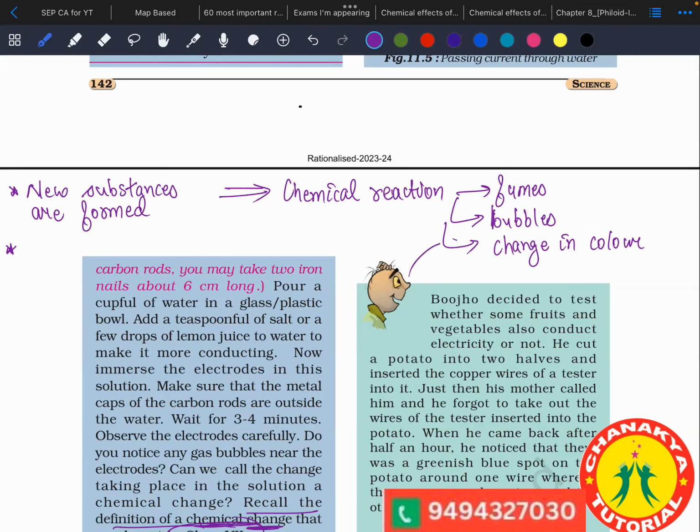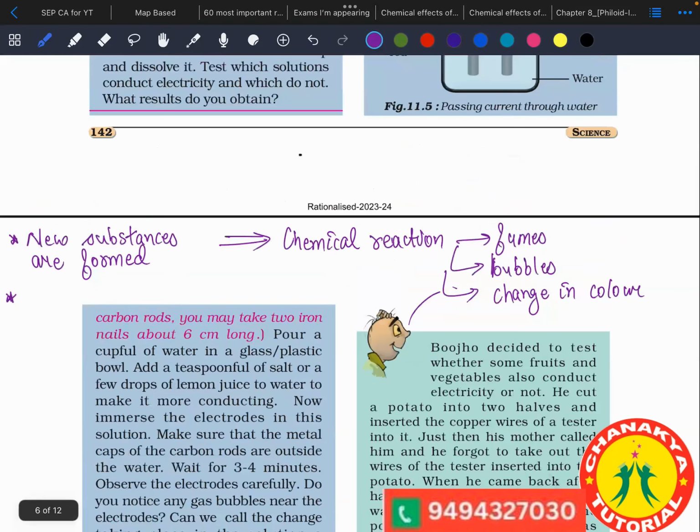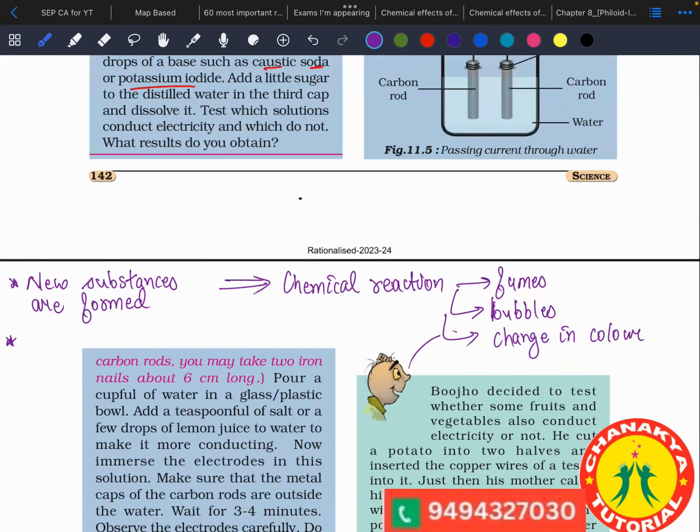The formation of the new substance can be identified with the help of fumes, bubbles, or change in color. Whenever these three things happen, that means new substances are formed.